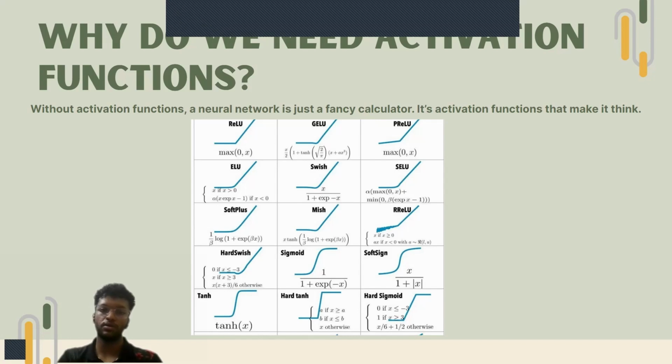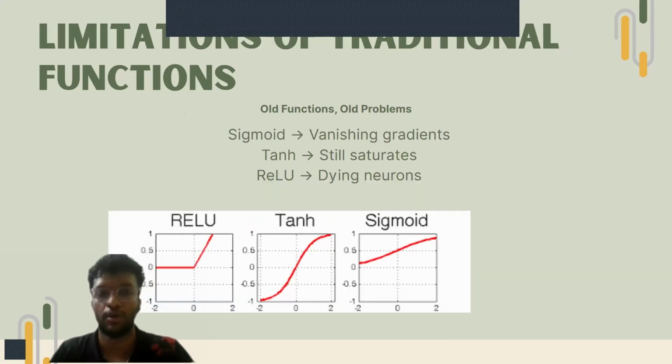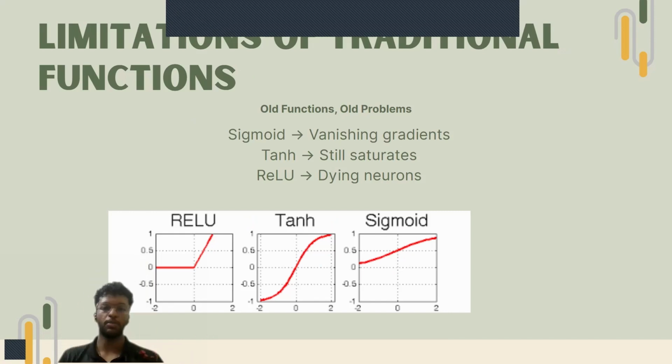Let us understand what the limitations of these activation functions are. Activation functions like sigmoid and tanh were the early favorites, but they saturate. What happens is, as the input gets too large or too small, the derivatives of these functions vanish.